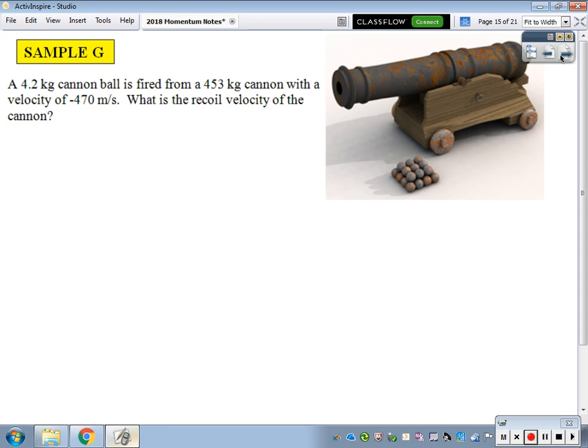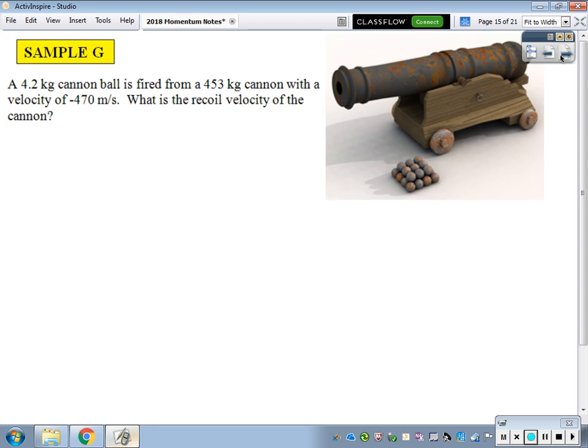However, what is the initial velocity for both objects pre-collision? 0. So think about the elastic collision equation. M1 V1 initial plus M2 V2 initial. All of that is just a big goose egg. Equal to M1 V1 final plus M2 V2 final.